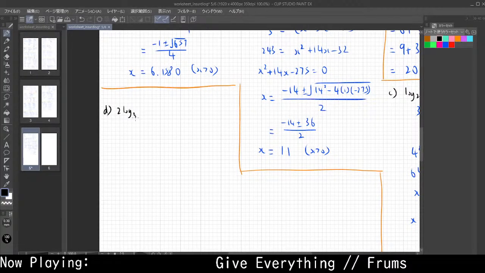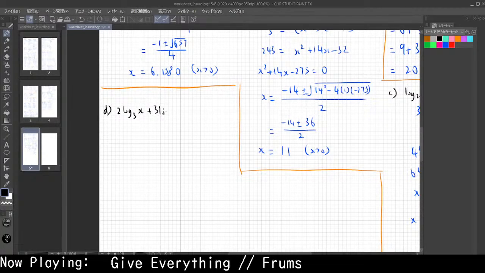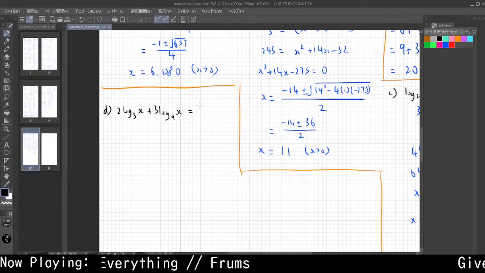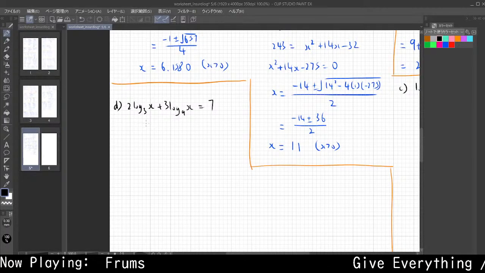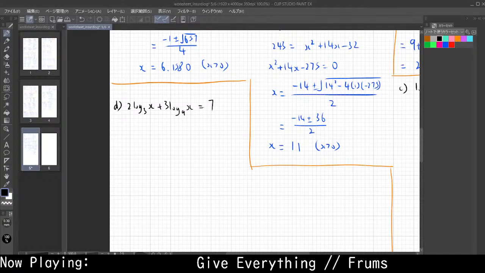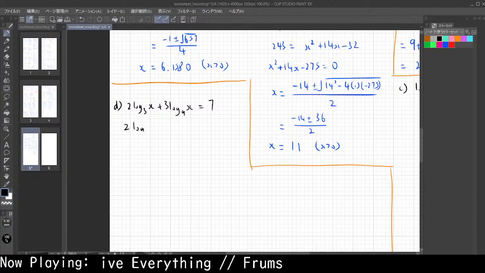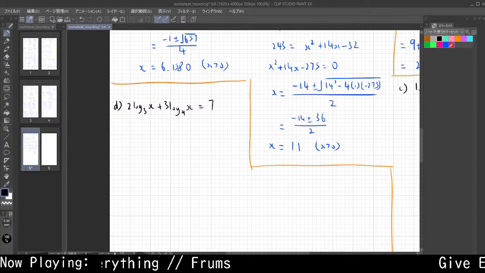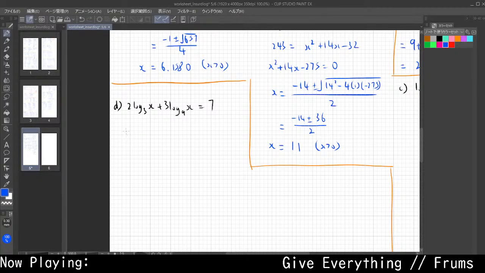Okay, 2 log base 3 of x plus 3 log base 9 of x equals 7. This one makes sense. You see this is a 3 and this is a 9, you want to make them the same base. So what you can do is first split them.